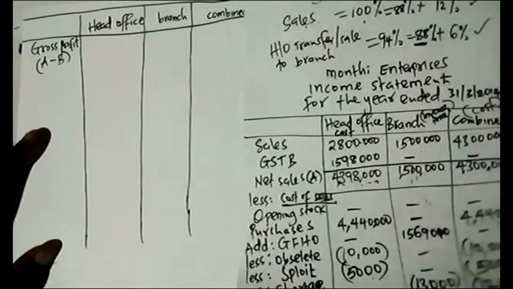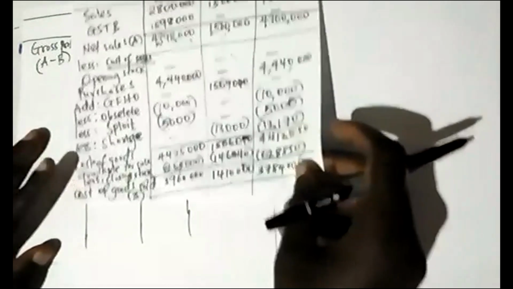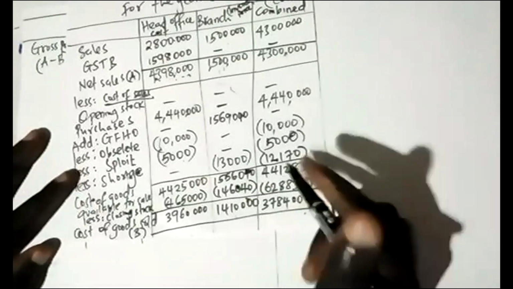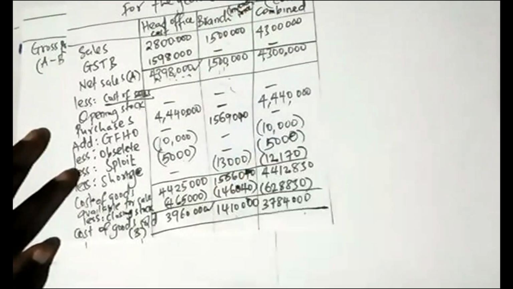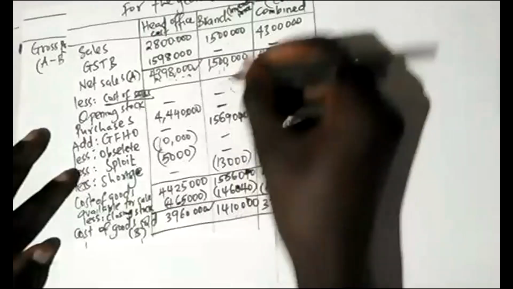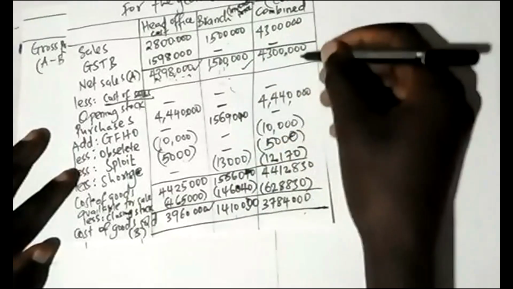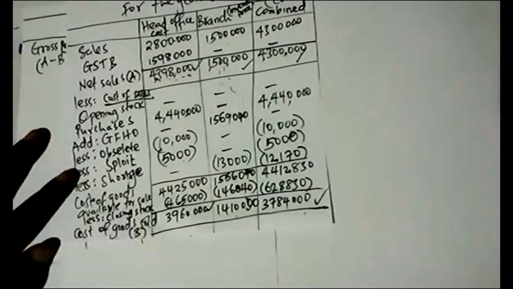So to continue, I have to take the relevant items there, which I've said. Like now the first one, this minus this. Then the same with the second one. Then for the combined, to get the gross profit.